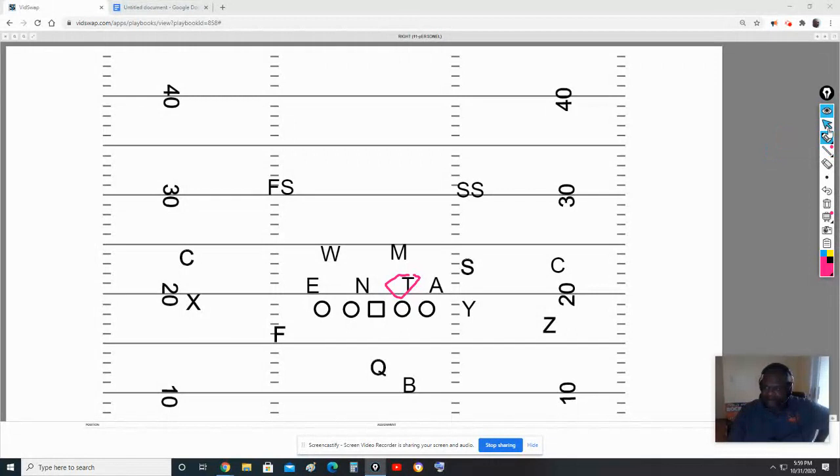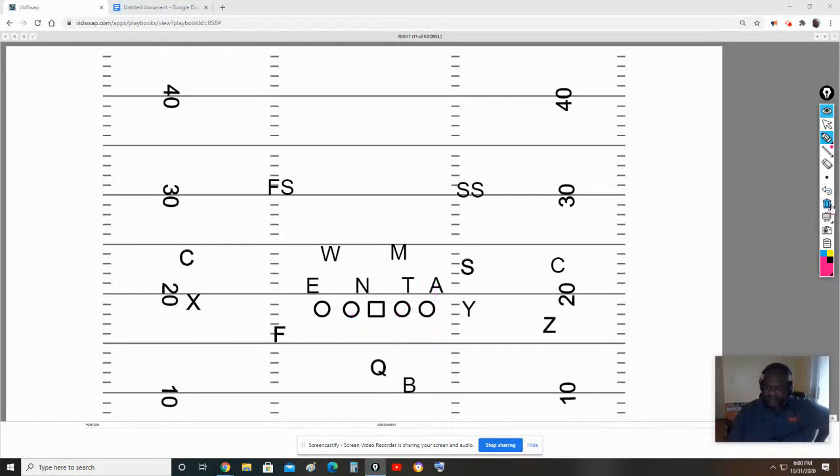Okay, counter is very similar to power. Remember, power is, just to be quite frank, a lot goes on the double team, but in power there was the fullback. I mean the H-back is here, and he kicks and he comes around.